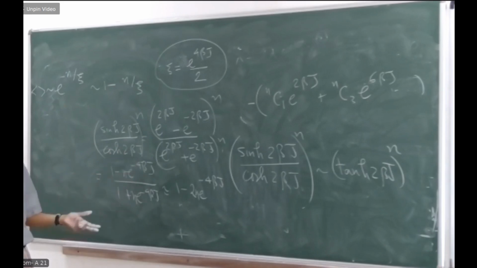But then I will do the calculation for the correlation length in 1D from a very different perspective, a perspective which you will find would also work, not exactly but approximately, for d equal to 2.